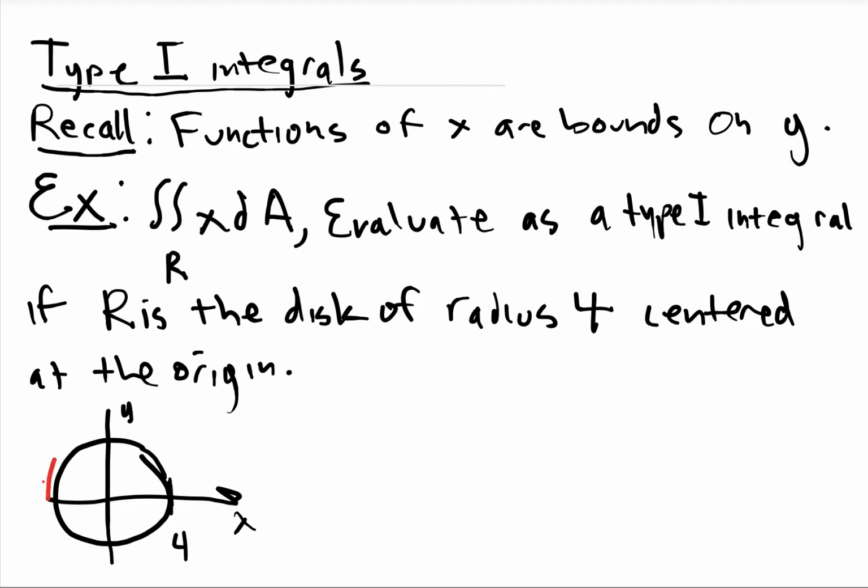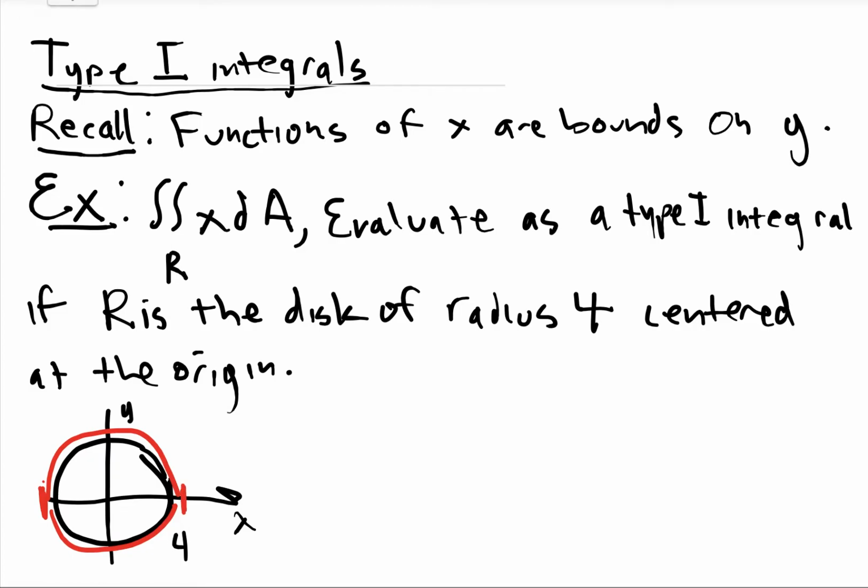That means I want to break this up into some sort of top bounding curve, and this guy down here being some sort of bottom bounding curve. Those would be my bounds on y, and then hopefully after that we can worry about what sort of numerical bounds I end up having on x.